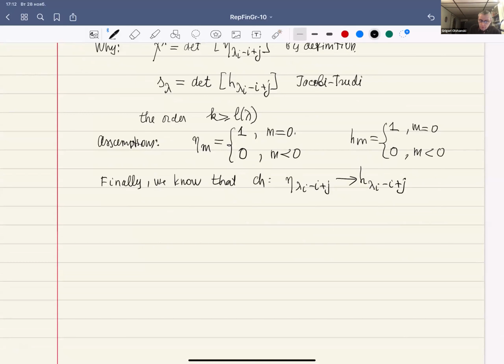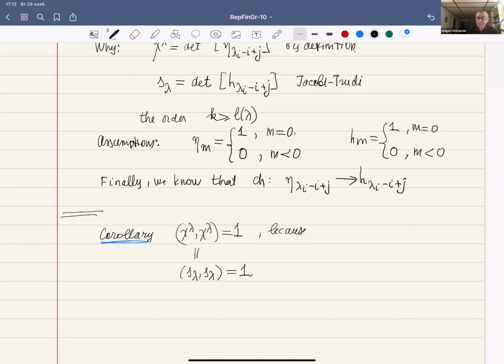So we take a corollary. The scalar product is equal to 1, because it is equal to the scalar product, and it's equal to 1.